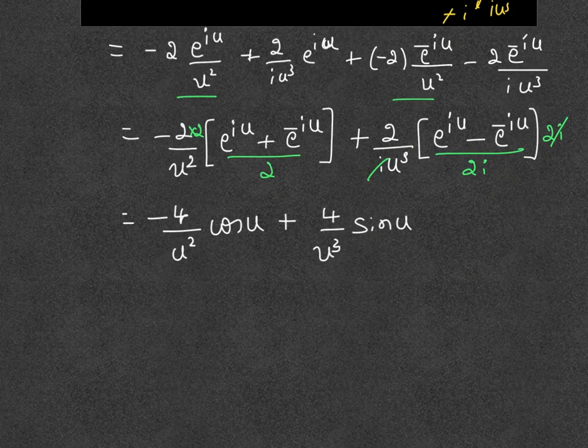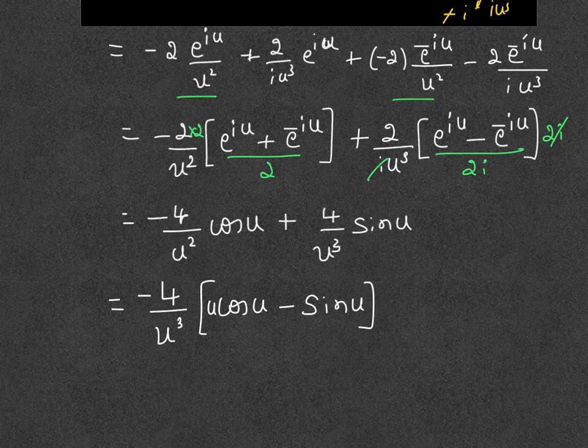So from these two terms you could take 4 by u cube common out, or you can take minus 4 by u cube because we want cos term first. u cos u, and u cube term common out, you have to write u cos u minus sin u. So this is our f of u, Fourier transform of the given function.